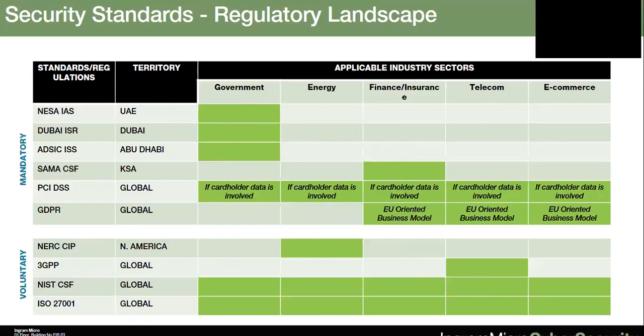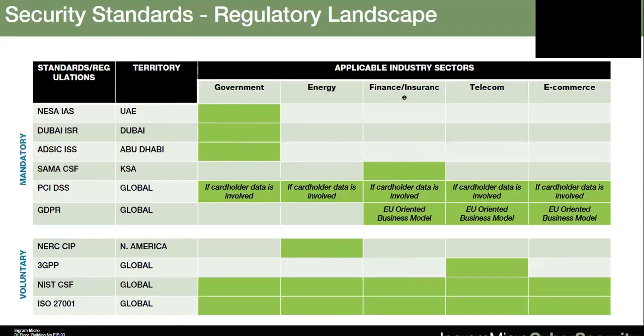We have 3GPP, the Third Generation Partnership Project, a telecommunication standard that provides its members with a stable environment to produce the reports and specifications that define 3GPP technology. Then we have NIST, the NIST cybersecurity framework, and ISO 27001.